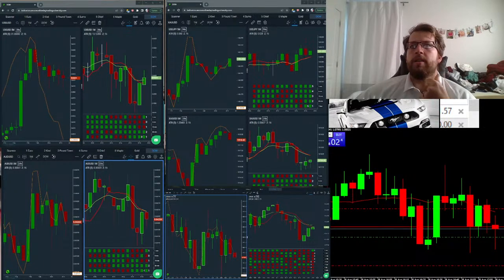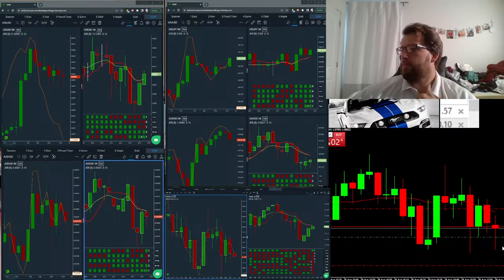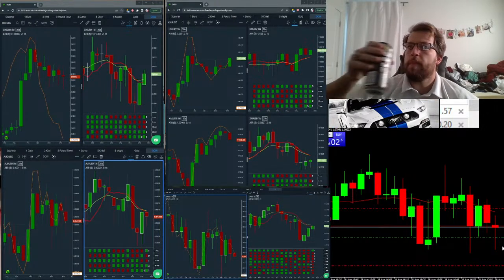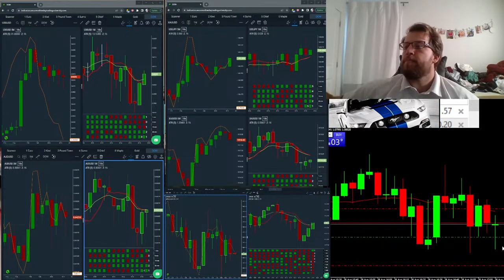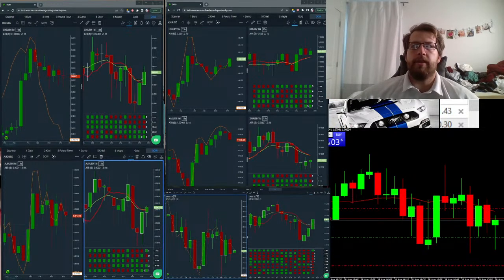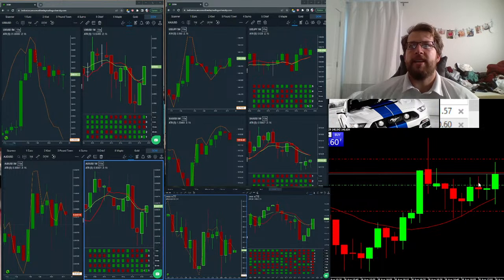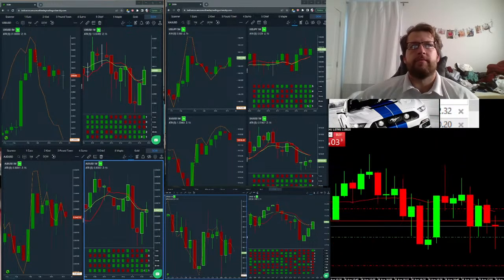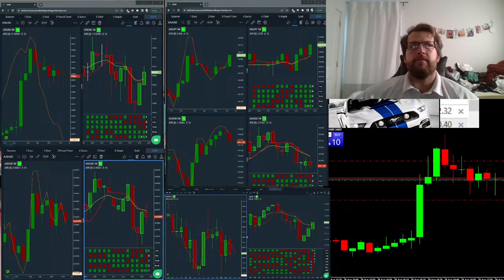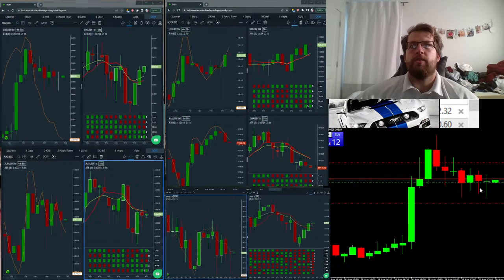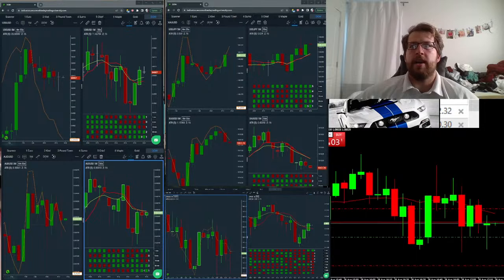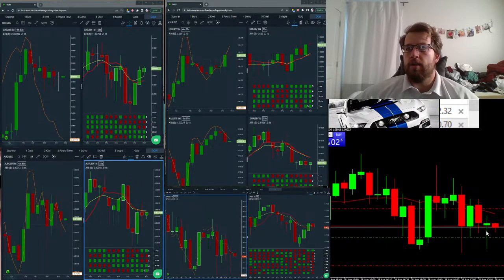Oh man, these were looking good. What's the yen doing? Yen looks like it wants to so bad. Okay, we're pretty much right where we started on the Dow, the euro.